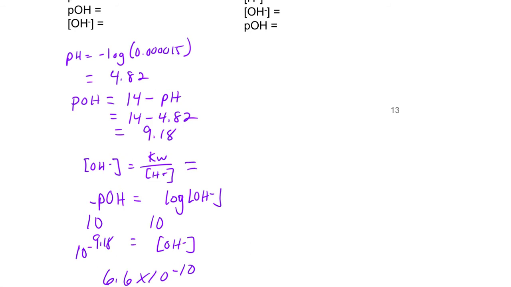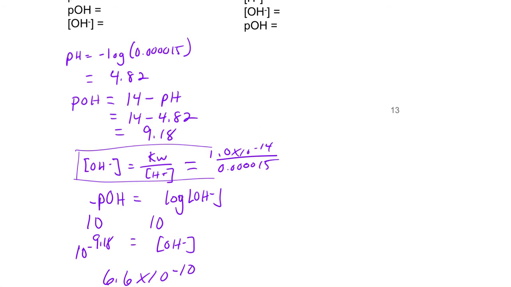Again, the other way you could do that is with this expression, Kw over H plus. So you have 1 times 10 to the minus 14 over, well, I'll leave all the zeros, 0.000015. Everyone okay with that?